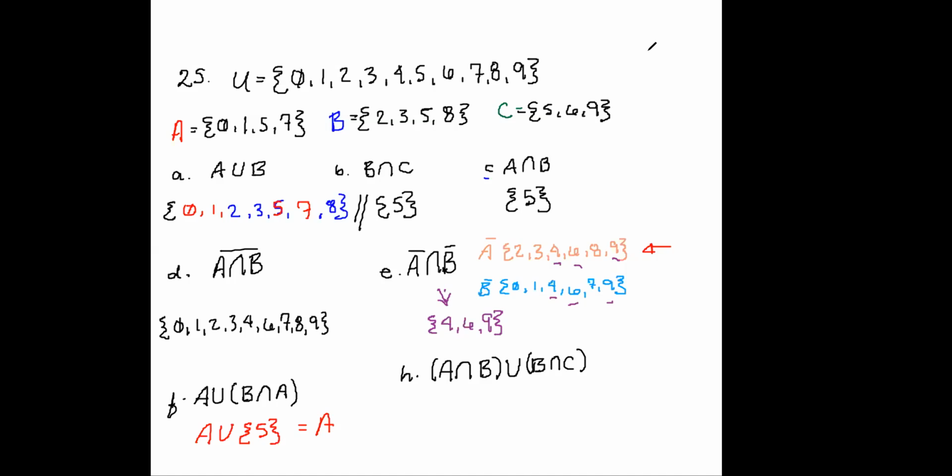Here, A intersecting with B. Oh, that's BC. So that's 5, we know. Unioned with, what is B intersecting with C? 5 again. Just 5. So what's our answer? 5. Just 5. And there we go.